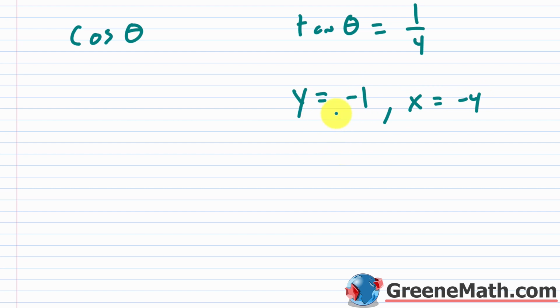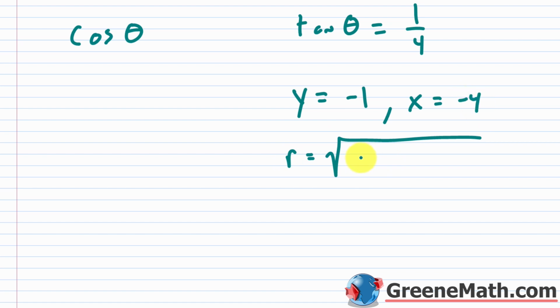Again, theta is in quadrant 3, so I know my cosine value is going to be negative. The tangent of theta is given to us as 1/4. Remember, this is y over x, but I'm in quadrant 3, so my y values are negative and my x values are negative. You can find your r as the square root of x squared plus y squared.